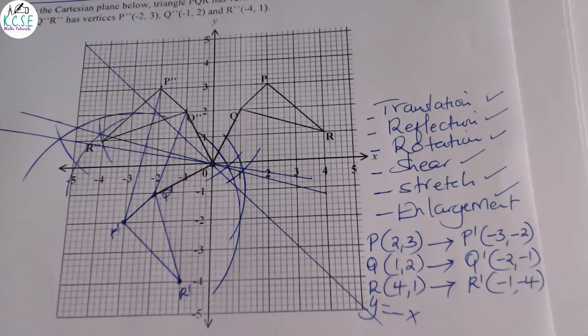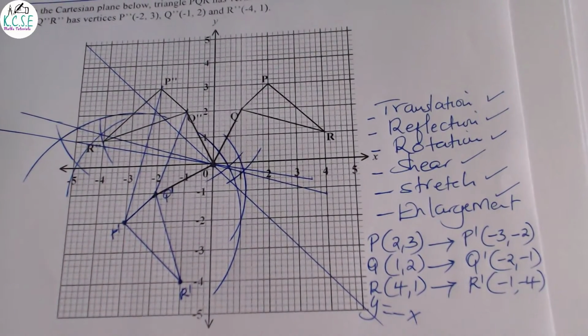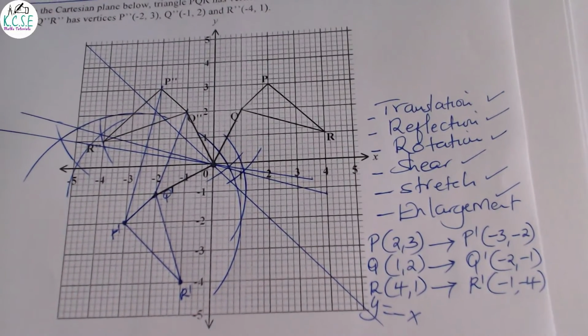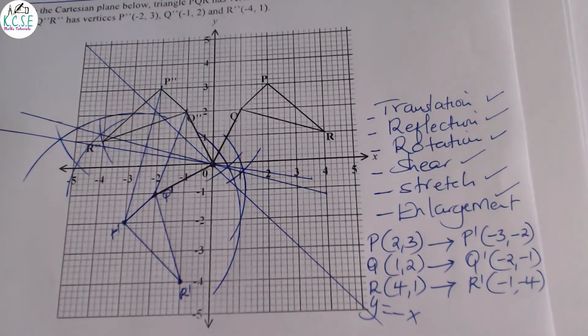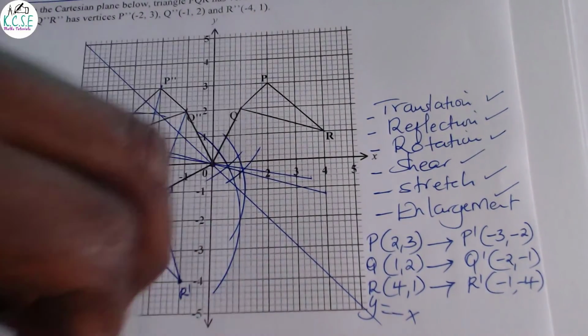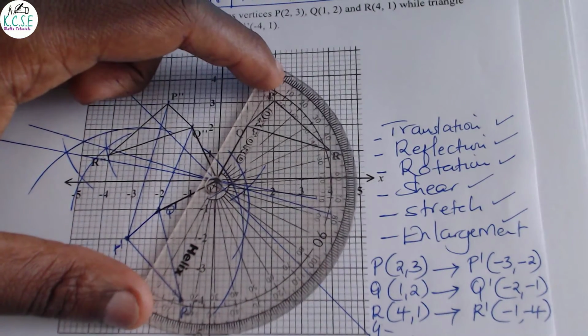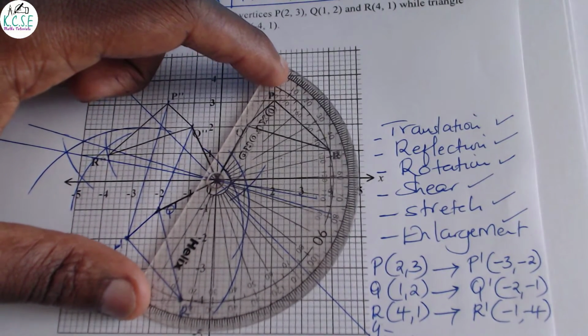Then from there, this is how you're supposed to measure the angle. A negative quarter turn is a clockwise rotation. We shall measure the angle in a clockwise manner. So we place the protractor like this. This is how we place it.